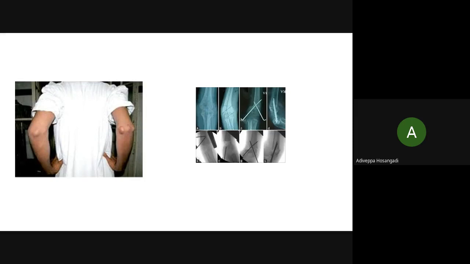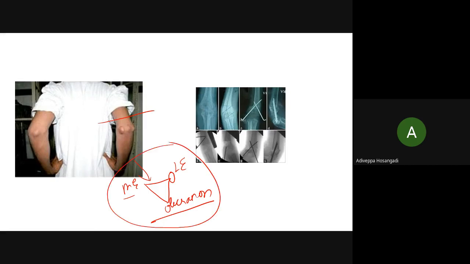So there is a triangle relation. Medial epicondyle, lateral epicondyle, and this is the olecranon. You should know this. If there is a supracondylar fracture, there is no disturbance in this. This is an isosceles triangle where these two sides are equal.